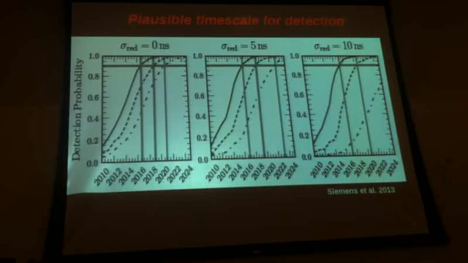And you see that, depending on several things, on the signal and on the red noise, they forecast detection between 2017 and, well, in the most unlikely case, after 2025. But within 10 years, we have a good chance of detecting something. There is a big caveat to all of that, and I'm coming to this in a second.